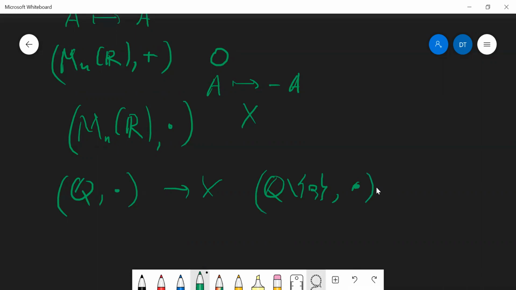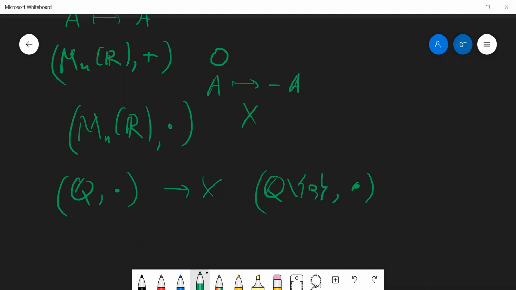Then, is this a group? There are two different answers. Andrei thinks that this is a group, and Alexander thinks the opposite. Yes, with multiplication, it is a group. I hope it's clear to everyone.